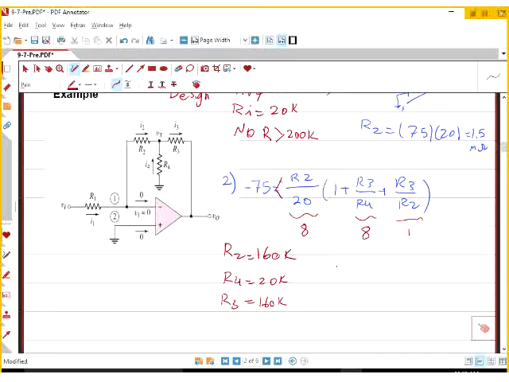And 160K over 160K is 1. Your gain with this condition is going to be 80. And guess what? There is no resistor over 160. Get the point? If you ended up in your design that you have a really large resistor there and it's not working, all you need is to use the T-network.